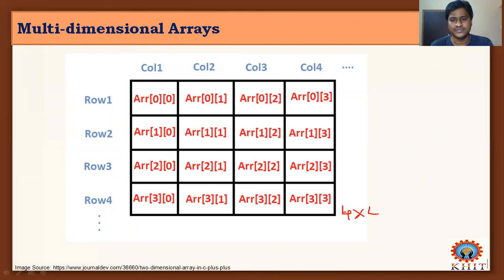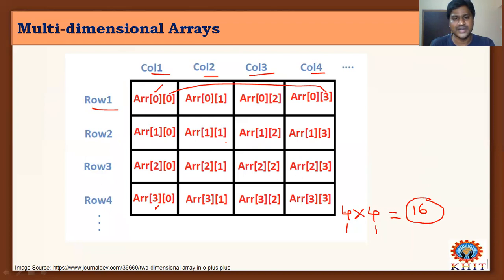The indexes range from 0 to 3 for rows and 0 to 3 for columns. So this way it organizes the elements. Here a total of 4 into 4, 16 integer values, can be organized into this two-dimensional array.